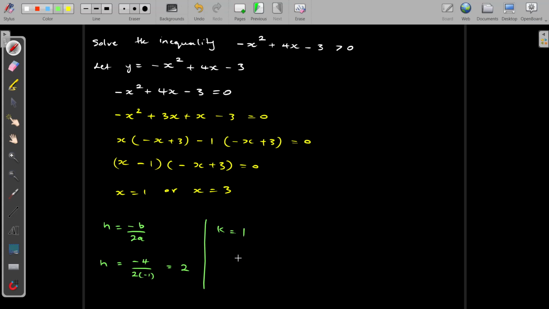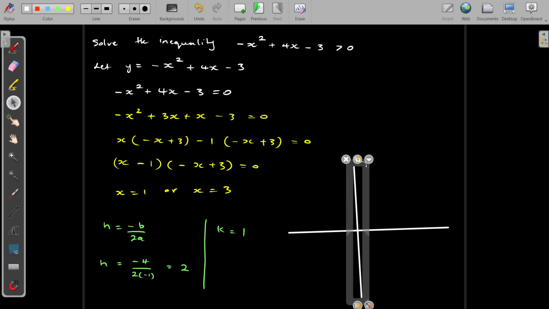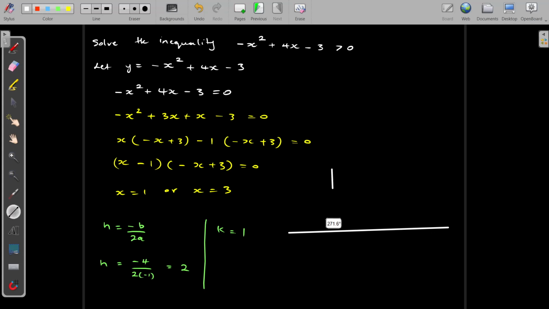So we have our hk value, we have our x values. Now it's time to construct the graph, because they might ask you to sketch the graph and shade the region. So it would be good to know how to go about assessing these graphs. Alright, so based on all the information we have, the y-intercept, sorry, is at negative 3.